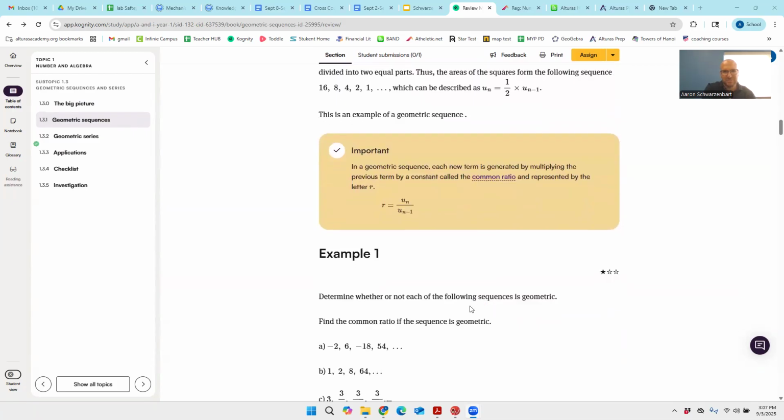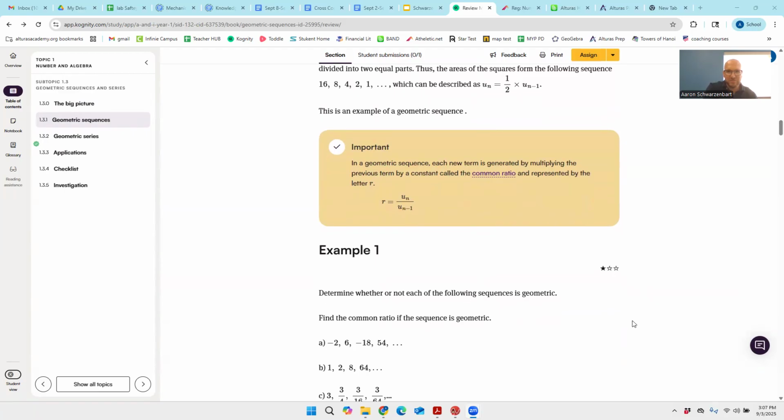Geometric sequences. In a geometric sequence, we have a common ratio. The ratio is always given by the current term divided by the previous term.